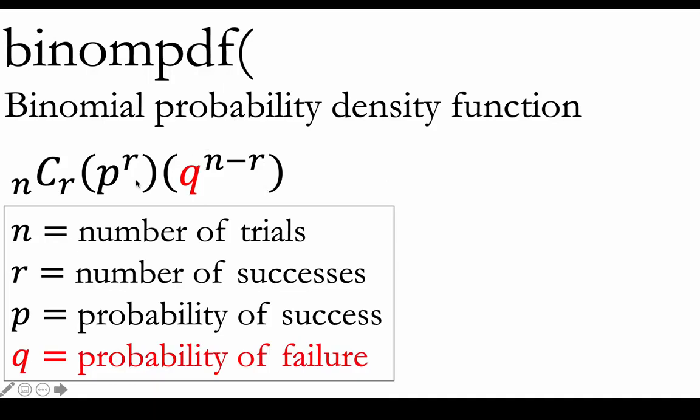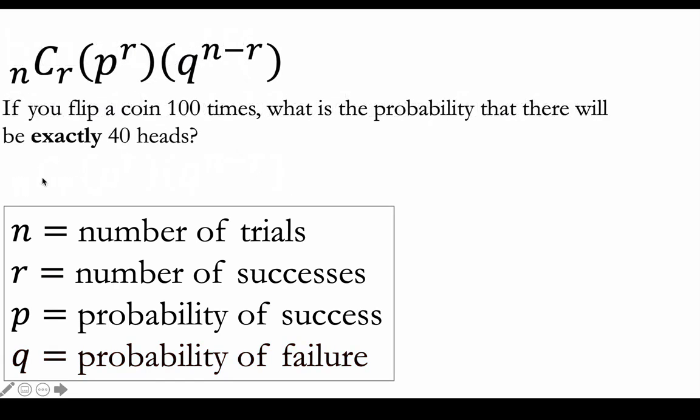So if there are 100 flips, that's n. 20 is the number of heads. So therefore there would be 100 minus 20 tails, and that's 80 tails. 20 heads, 80 tails, because r plus n minus r is just n, because r and negative r cancel out, and n is the number of trials. It all works out. So we'll go through this problem right now.